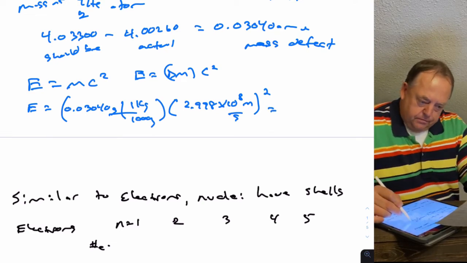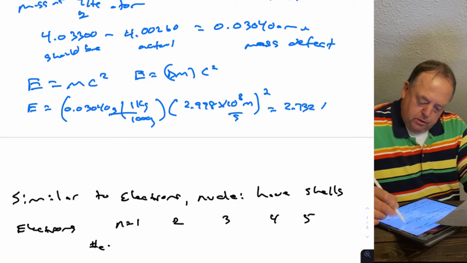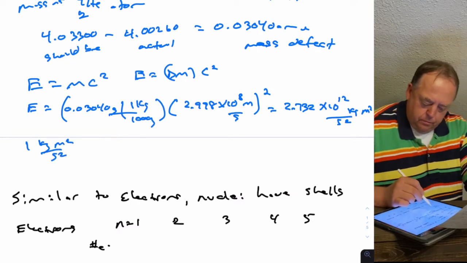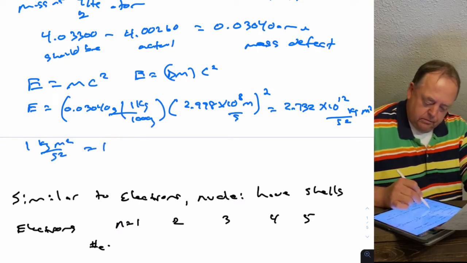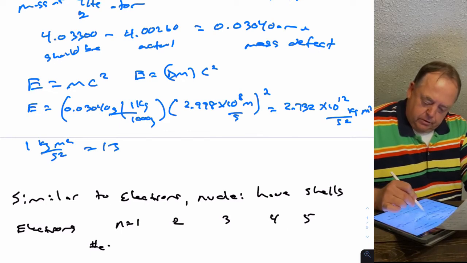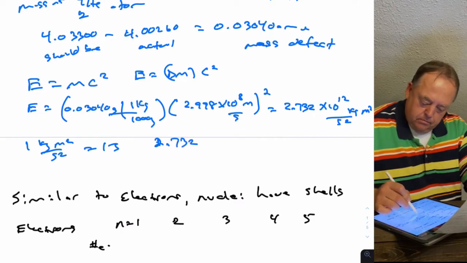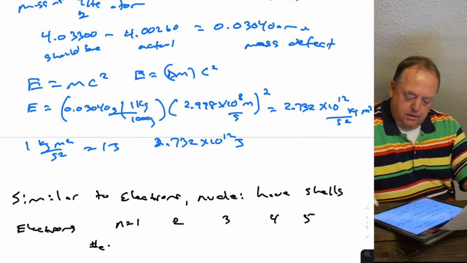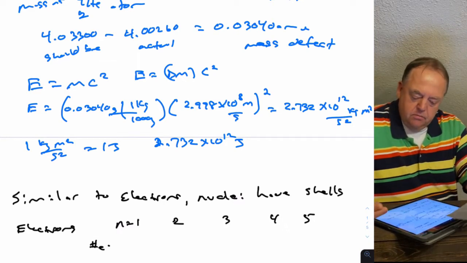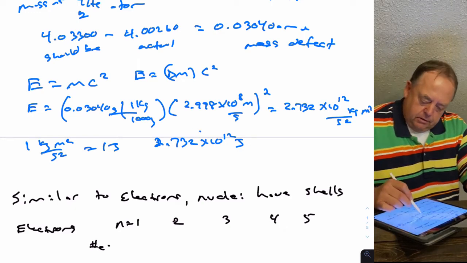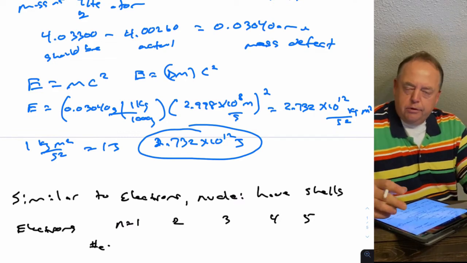Then you get 2.732 times 10 to the 12 kilogram meters squared per second squared. 1 kilogram meter squared per second squared is the same thing as 1 joule. So 1 mole of helium atoms has a nuclear binding force of 2.732 times 10 to the 12 joules. So that's the energy that's holding this entire nucleus together.